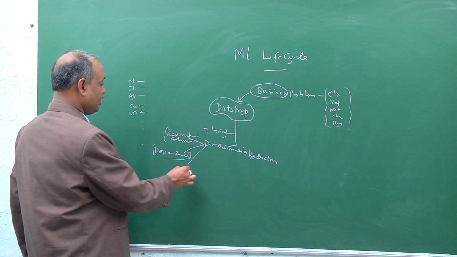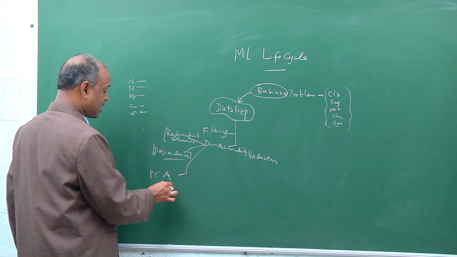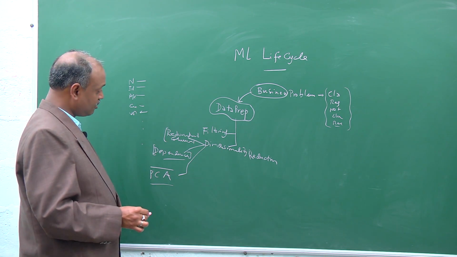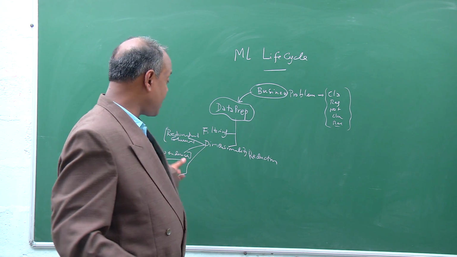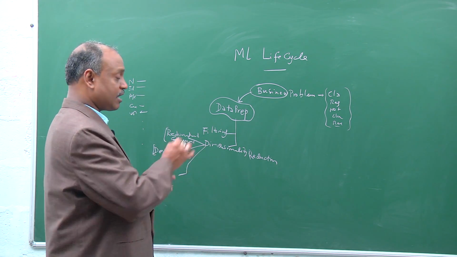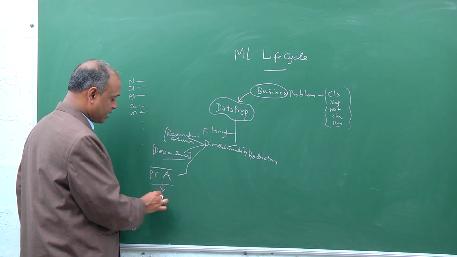Then you can do a dimensionality reduction by using an unsupervised technique called principal component analysis, whereby you take the original data and combine the variables in some combination so that you have a much reduced number of dimensions.